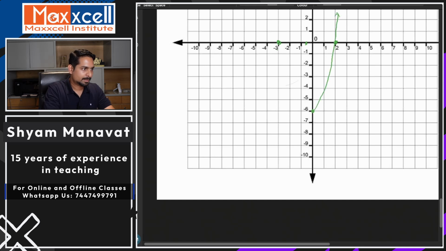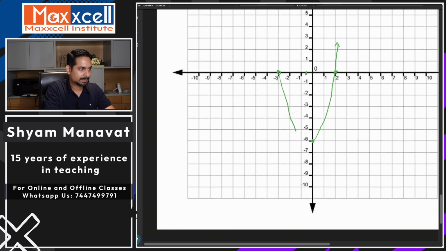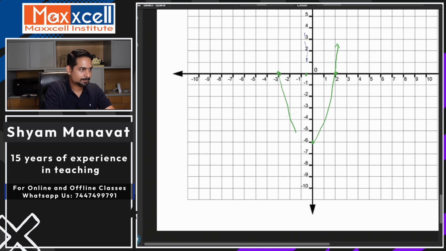And this axis of symmetry is passing through the midpoint of the roots. Learn this: the axis of symmetry passes through the midpoint of the roots in the case of a quadratic equation. So the vertex will be on this point and from here it will turn.